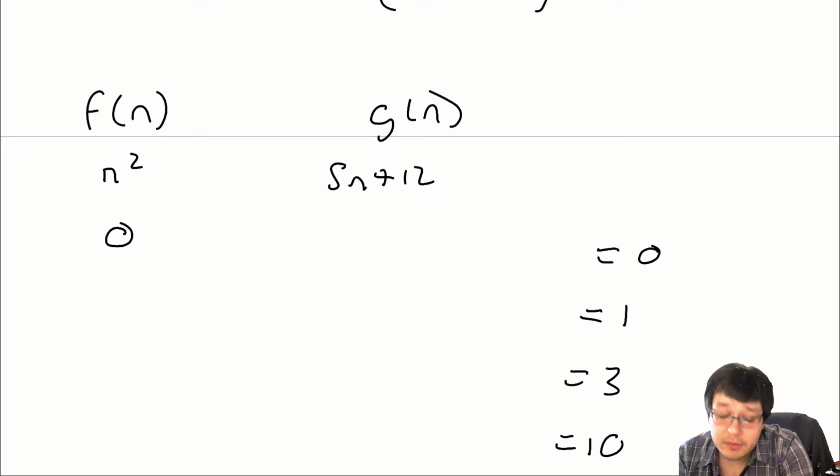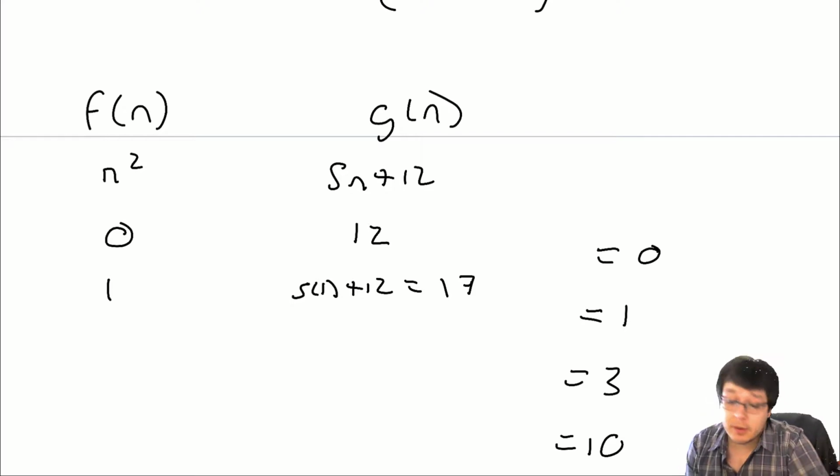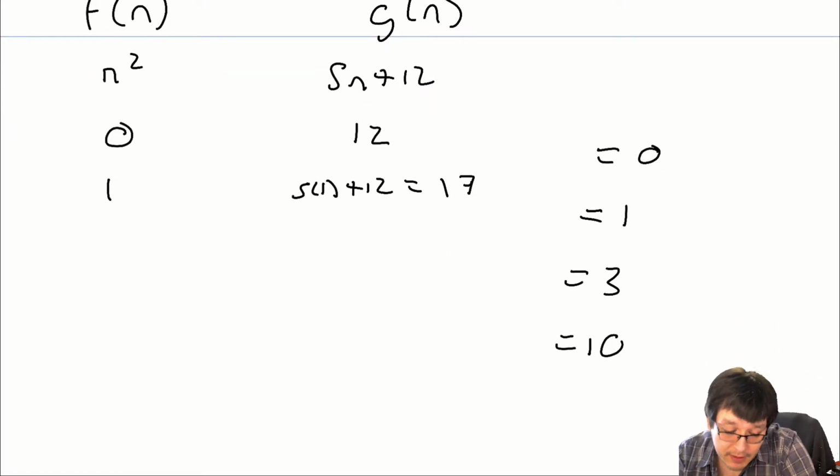So there you go, 0, and then 5n plus 12 is going to be 0 times 5 plus 12, so this is 12, okay? Then for 1, this is going to be 1, because 1 squared is 1, and then this is going to be 5 times 1 plus 12, which is equal to 17, right? Correct me if I'm wrong, by the way. I'm kind of doing it quickly here. And then 3.